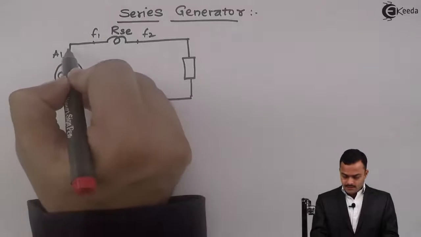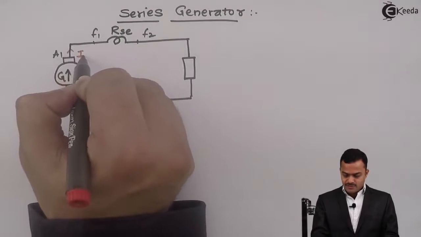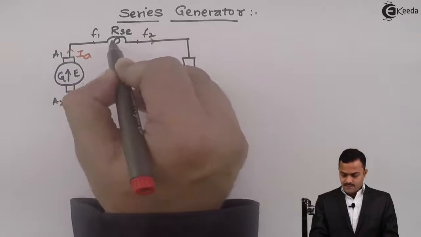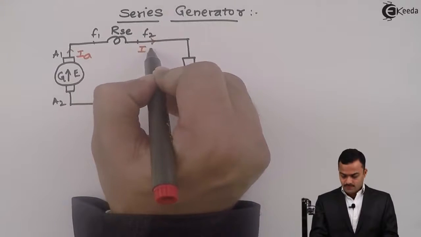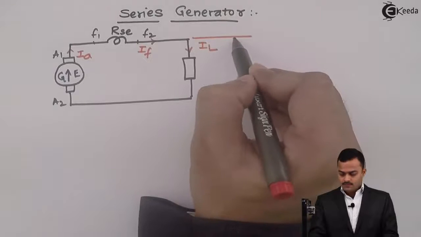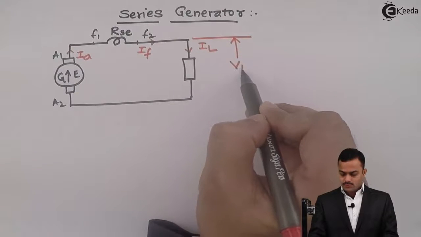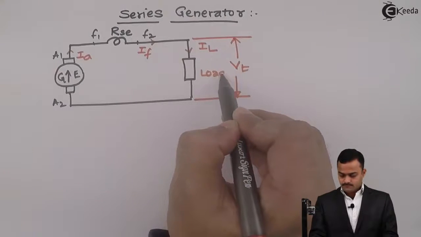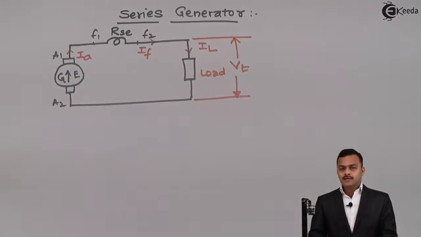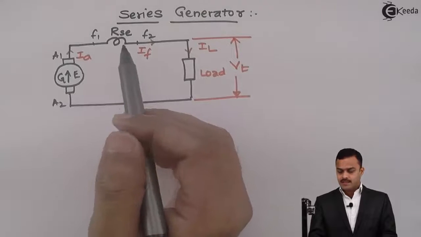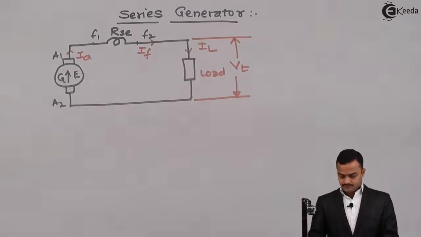Here IA is the armature current, same as this field current, same as this load current. Load current passing through the load will give you a terminal voltage VT. We have to remember the field winding is coming in series with the armature, therefore it is a series generator.